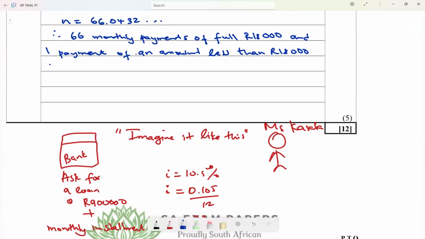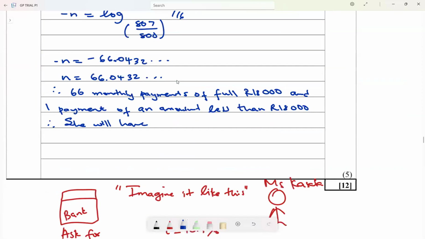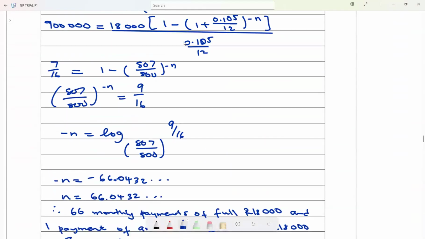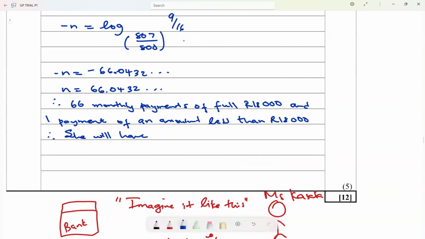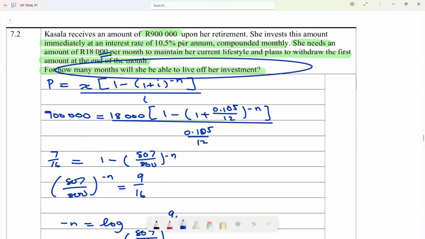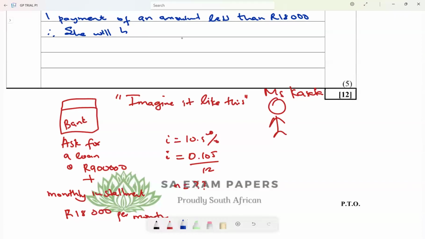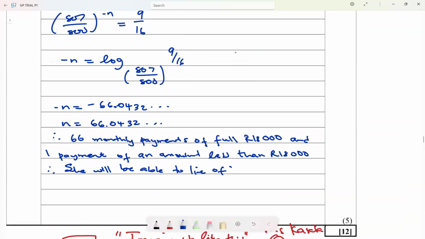So she will be able to live off her investment for 67 months.